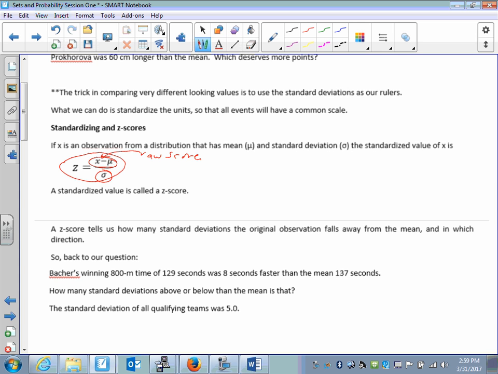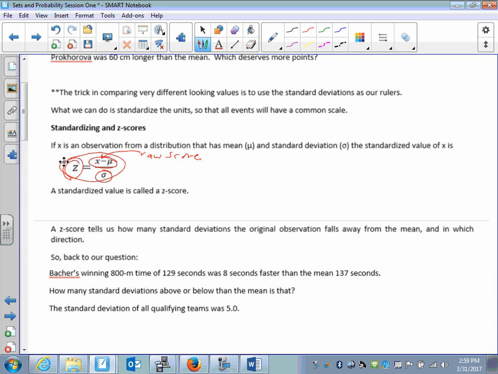Sigma is a symbol for the standard deviation, and so that tells us how many standard deviations there are in the distance between the raw score and the mean. So that converts a raw score to a standardized score, and the standardized score basically is the number of standard deviations away from the mean.